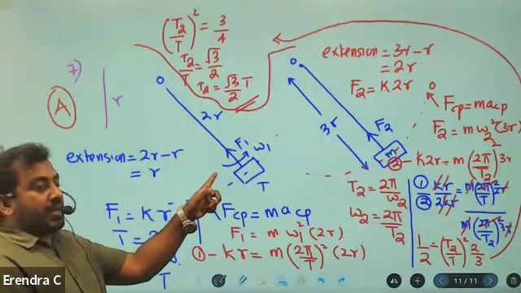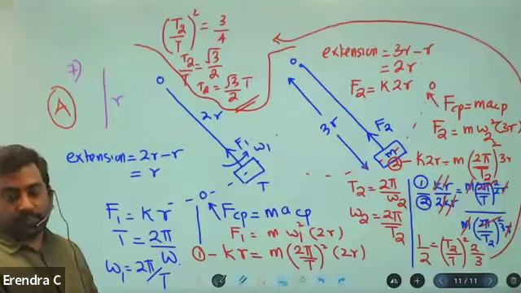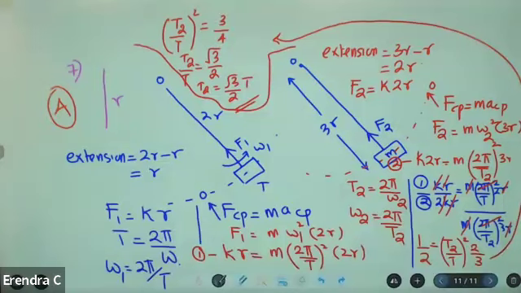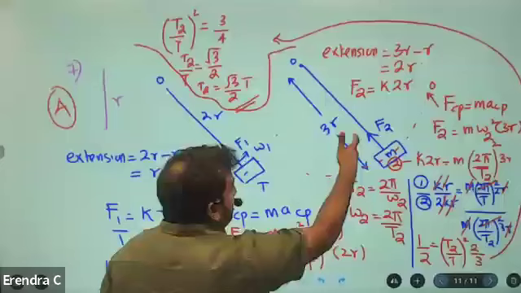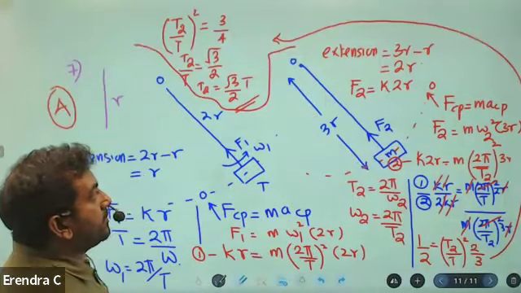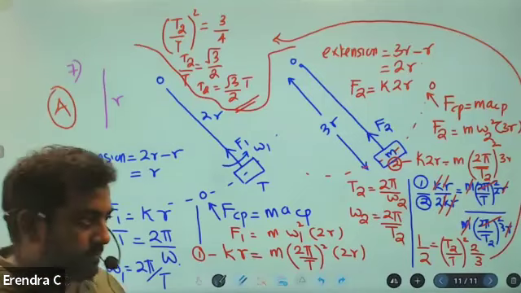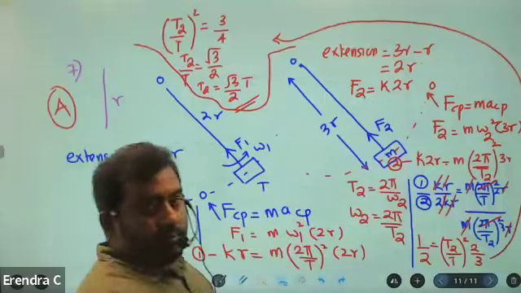First situation, extension is radius r. Second situation, extension is 2r. Right, no?